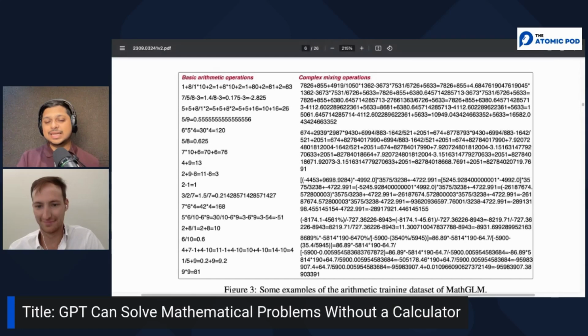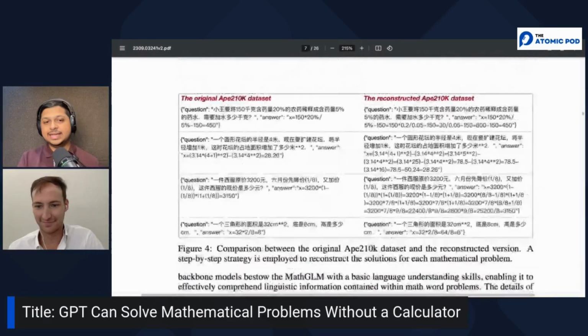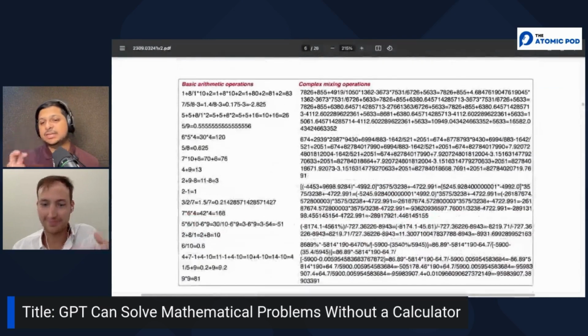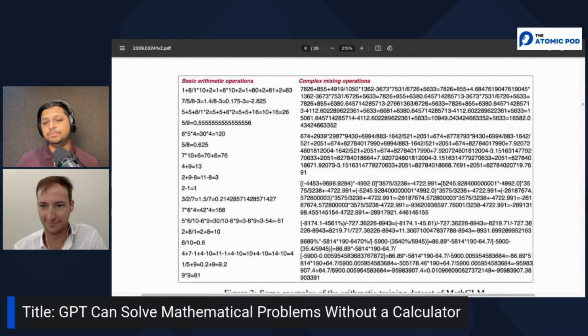So just as an example, this was the training data set that was given to the model. This is, of course, a Chinese data set of different math problems, like simple basic arithmetic problems. It also has some complicated math problems. It also has some basic level language understanding type problems, like simple word problems. I have 10 bananas.